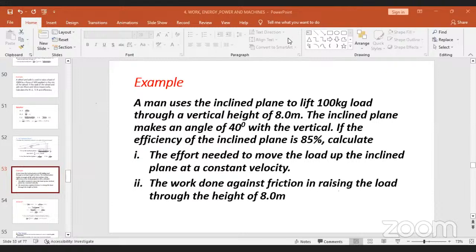Okay, against friction, 1,409 joules. That is from quinoa. But he got effort as 1,176.